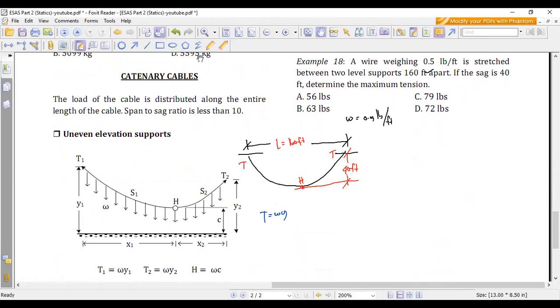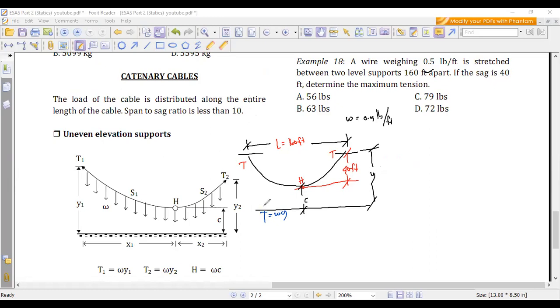So I think this is not a direct substitution problem. This would be Y, and this would be C. We also do not have the value for H.